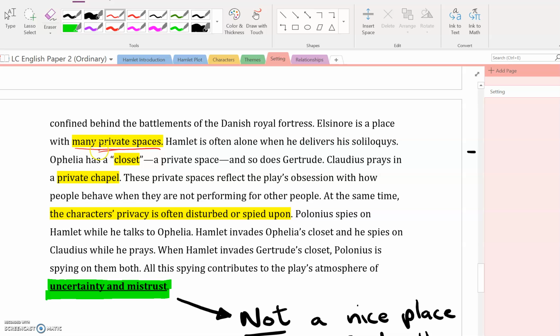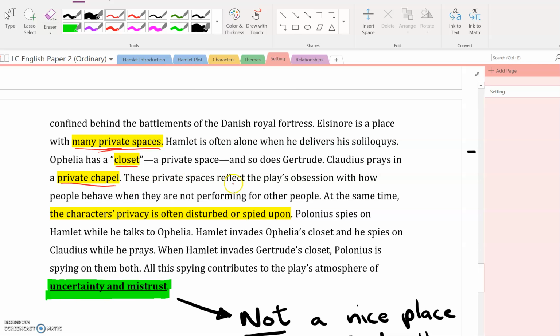So even though there's private spaces such as Ophelia's closet or Gertrude's closet or Claudius's private chapel, they're not really private. Everything is being watched in this castle. Everything is being listened to. Everything is public. There's very little privacy.